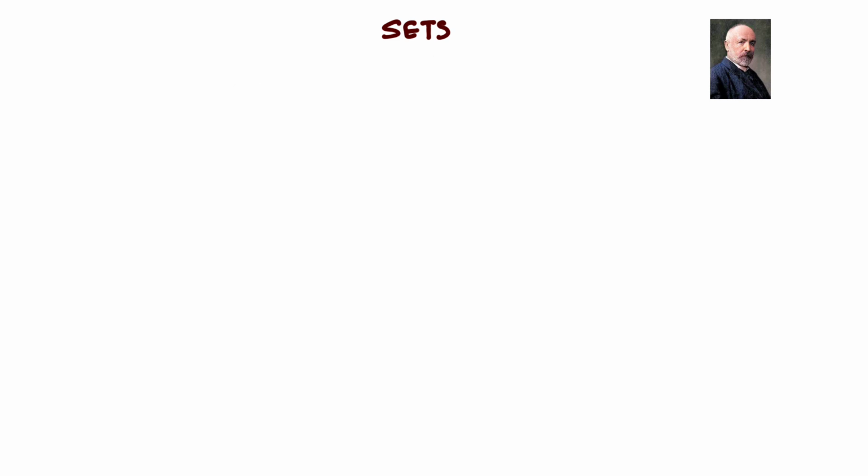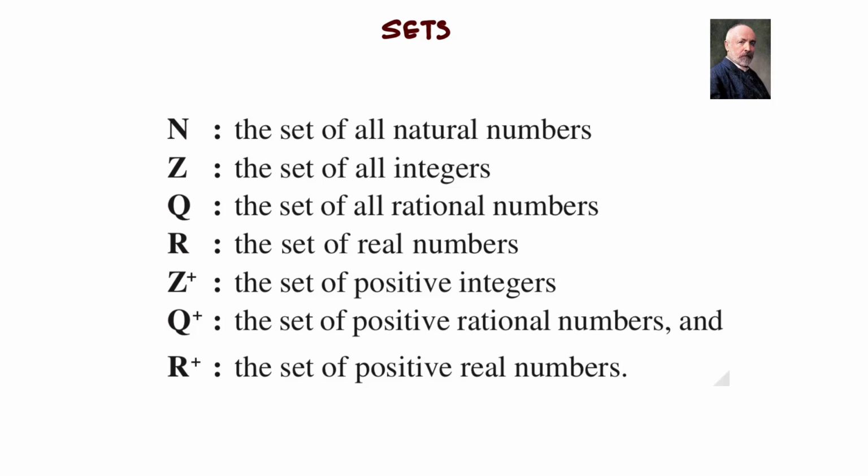Now let me give you some important and popular sets, the standard sets which you're going to use throughout your 11th and 12th class. I'm sure that you are familiar with some of these sets. As we already discussed, a set is nothing but a collection of objects. It can be a collection of numbers. So here we are talking about sets related to numbers.